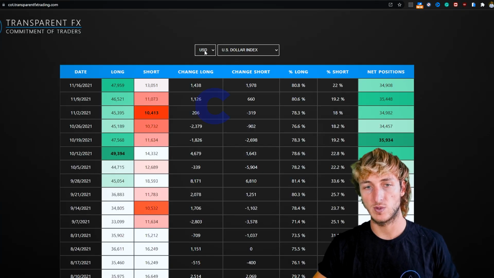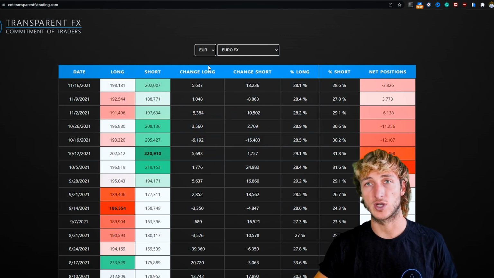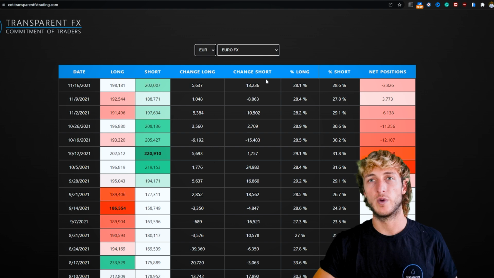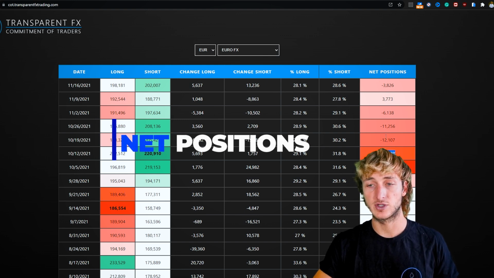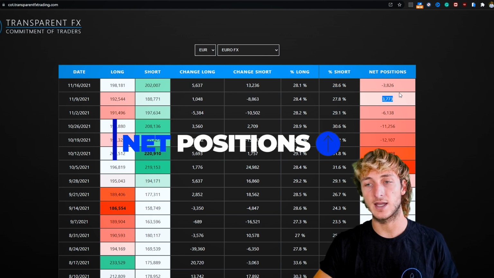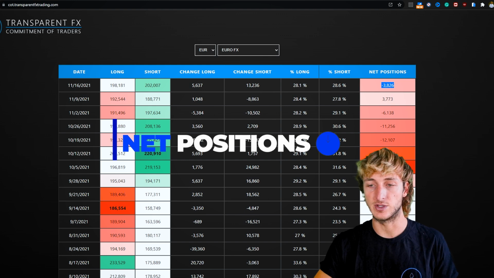Now, if we go and see what we have from a COT perspective, so commitment of traders, which is basically what hedge funds and the non-commercials in the market are doing, so the biggest speculators, what we can see here is that with the last reports, net positions first started increasing, and then with the last report, we can see how they have once again started decreasing.